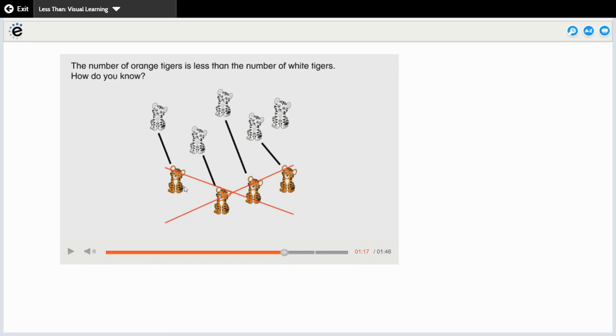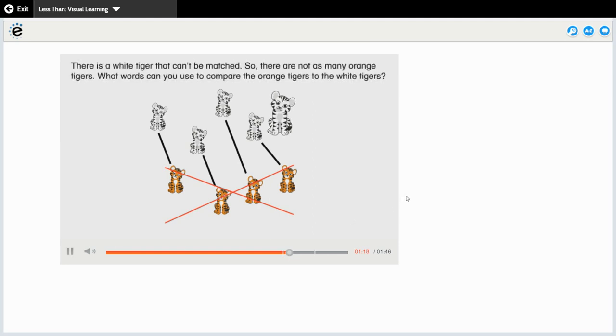If you look, they match one orange tiger to one white tiger. So then I don't have an orange one that matches this white one. So that's how I know that there are less orange tigers than white tigers. There is a white tiger that can't be matched, so there are not as many orange tigers. What words can you use to compare the orange tigers to the white tigers?